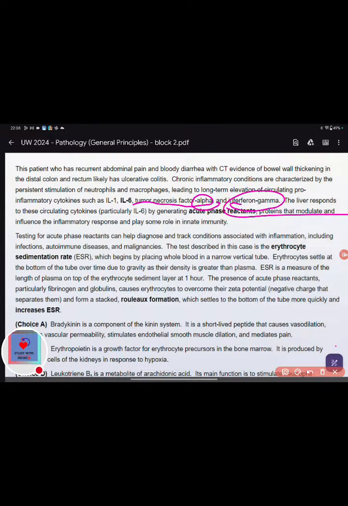So these are the pro-inflammatory cytokines such as IL-1 and IL-6, along with TNF alpha and interferon gamma. This you already know.